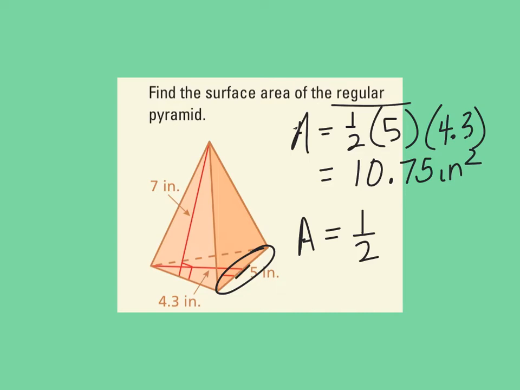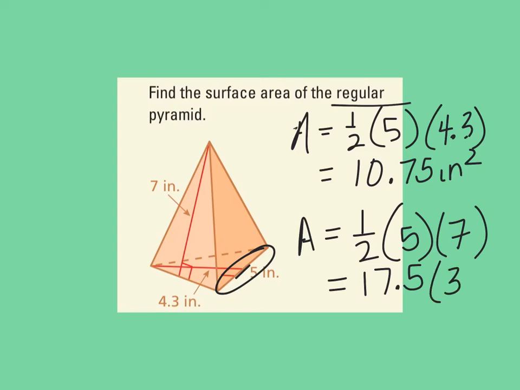That 4.3 was the height of that triangle that's on the base. So 1/2 times the base, which is 5, and then the slant height, which is 7. When I multiply that out, I have 35 times 1/2. I end up with 17.5. I have to multiply that by 3 because there are 3 triangle lateral faces, and I end up with 52.5.